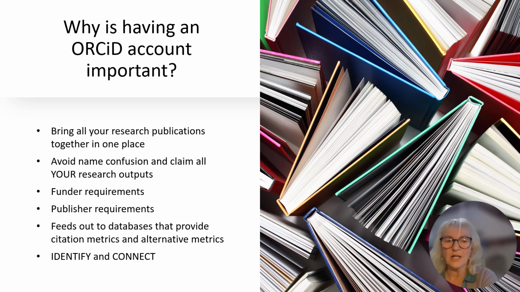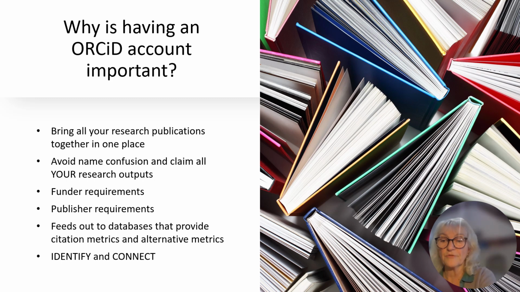You may have funder requirements that insist on having an ORCiD ID as well, and publisher requirements as well. And the ORCiD ID feeds out to databases that provide citation metrics and alternative metrics as well.